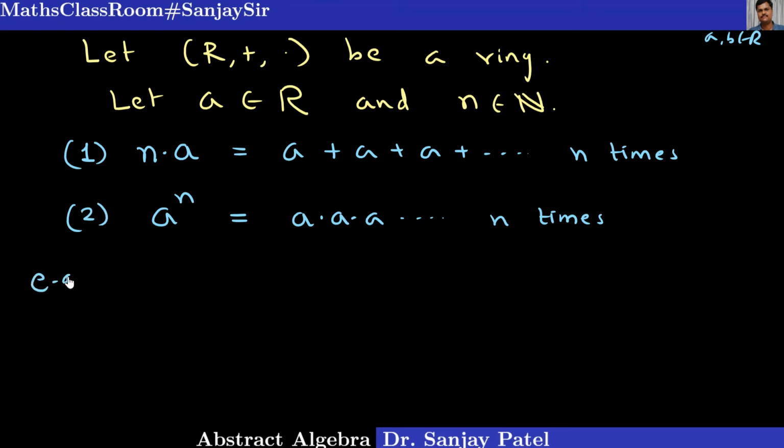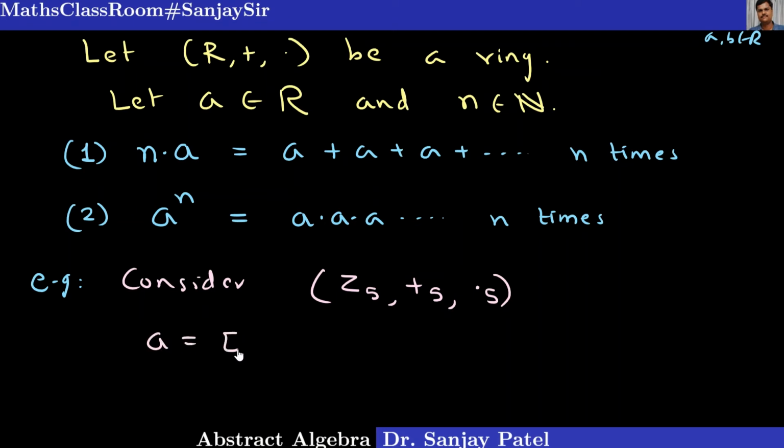So for example, if I consider a ring, say (Z_5, +_5, ·_5), then in this ring let me take an element a equal to, say, class 2. This belongs to Z_5, and let us take n equal to 4.